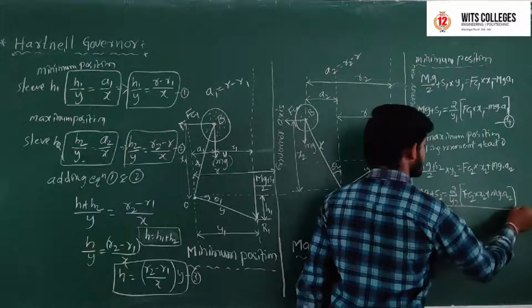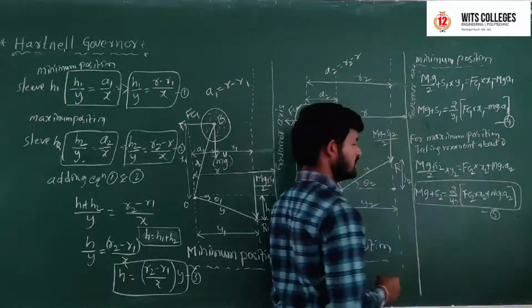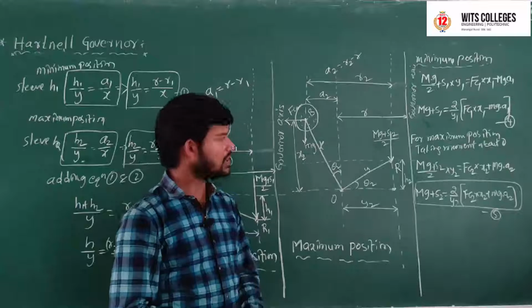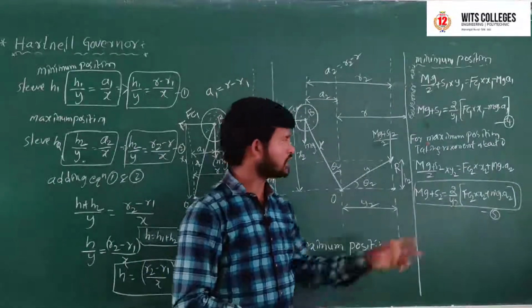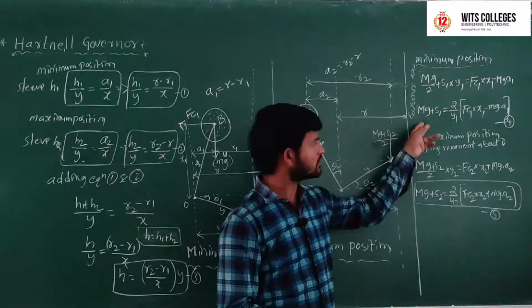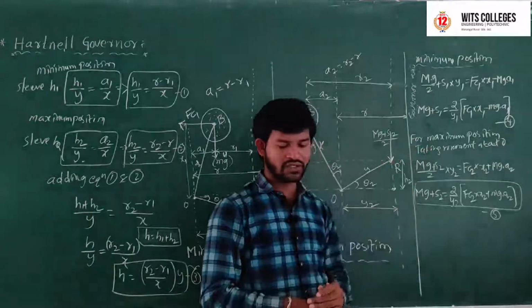This is the fifth equation, and that was the fourth equation. From the fourth and fifth equations we form the next equation, subtracting equation 4 from equation 5.